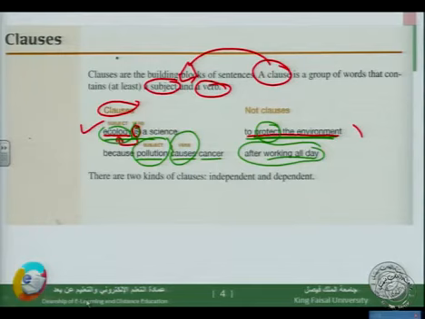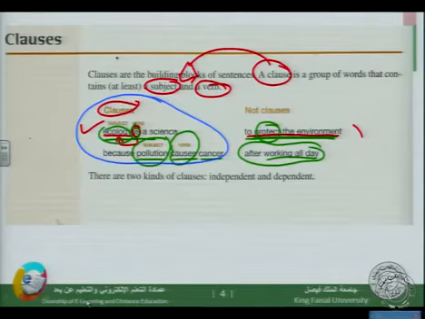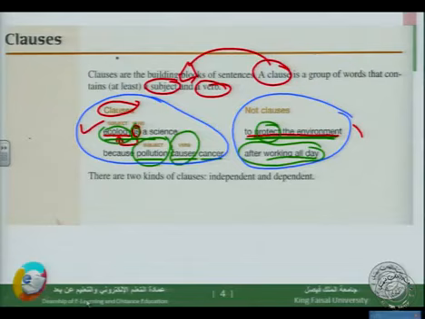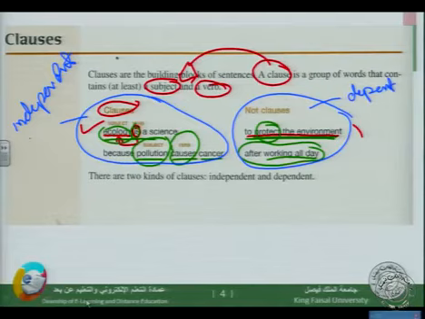So, as you can see here, we have two kinds of clauses. واحد, one clause نسميه independent clause, والثاني هذا بنسميه dependent clause. هذا مستقل وهذا غير مستقل.